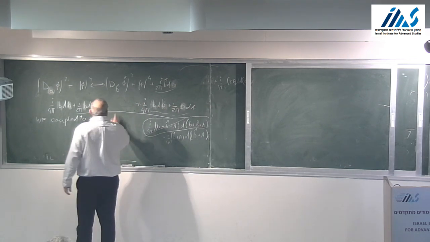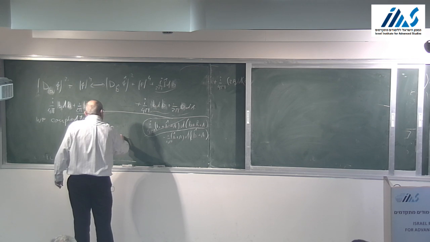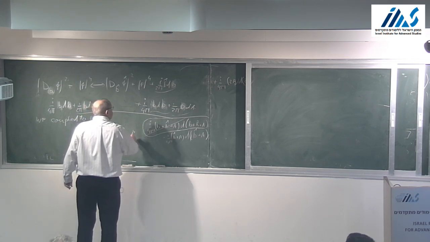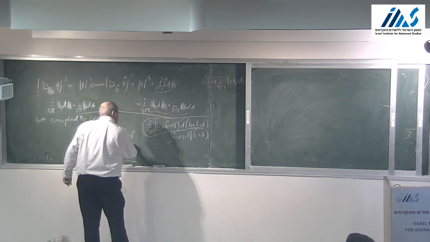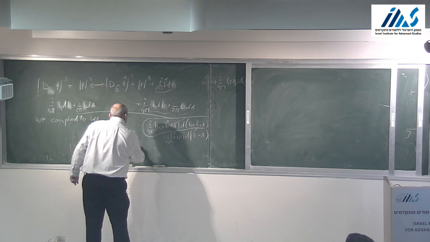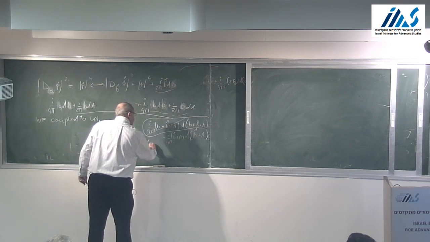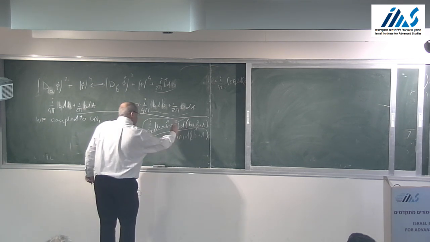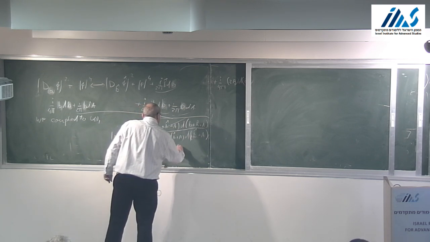So let me collect all the terms that we have on the right-hand side. Here we had this. What do we have here? We have |D_b hat phi|^2 plus |phi|^4. And these are replaced by minus i over 4 pi b hat d b hat, minus i over 2 pi b hat dA, and, integrating by parts, minus i over 4 pi A dA.